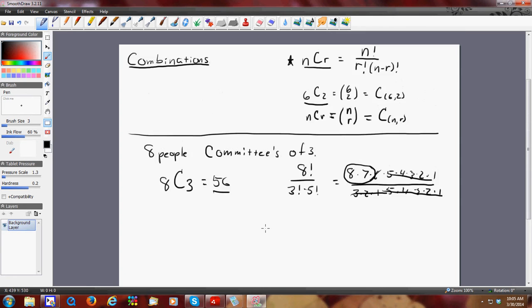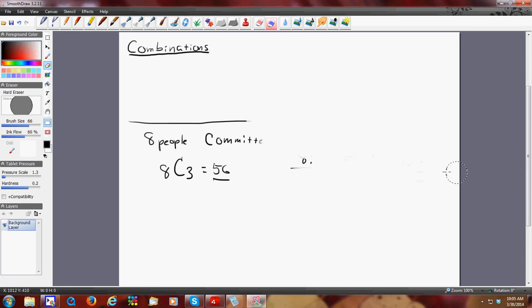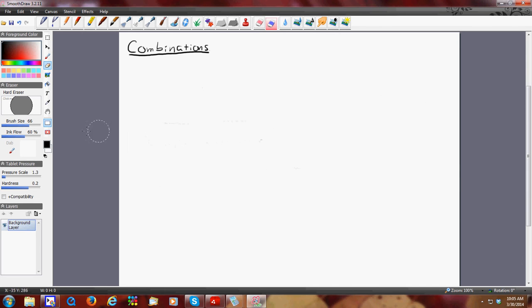So I'm going to do one last thing. I'm going to show how this works with probability. Let me just erase all this. So probability.